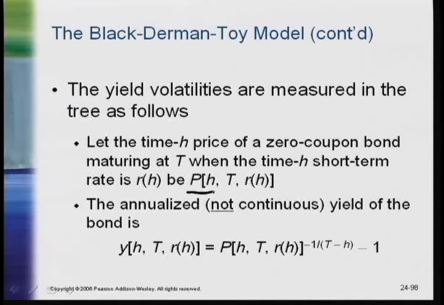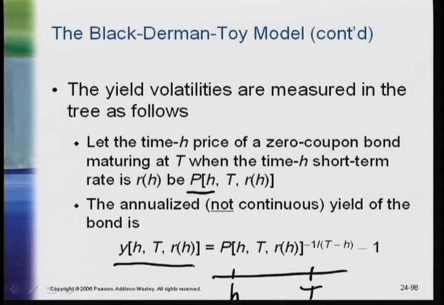So here's our timeline. We're at time h, and we're looking at a bond that matures at time t. If I have the price of the zero coupon bond at time h, namely the price of a bond that pays $1 at time t, then I can just reverse the calculation and get the implied yield.